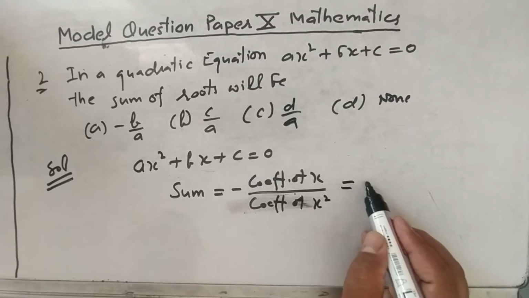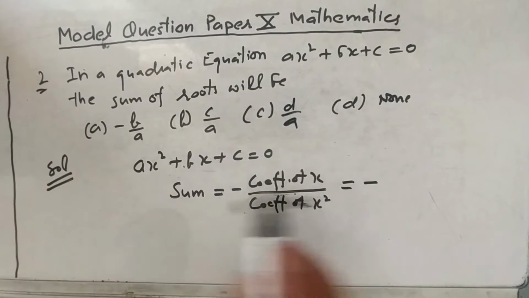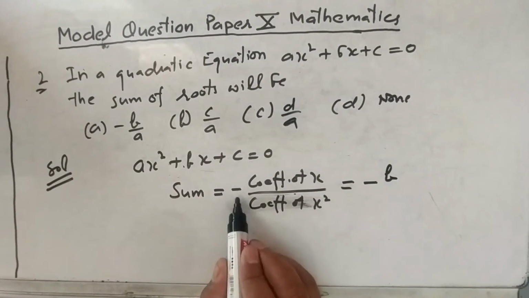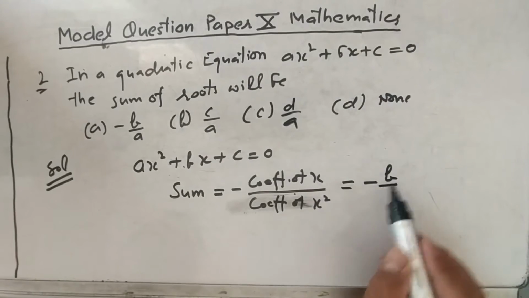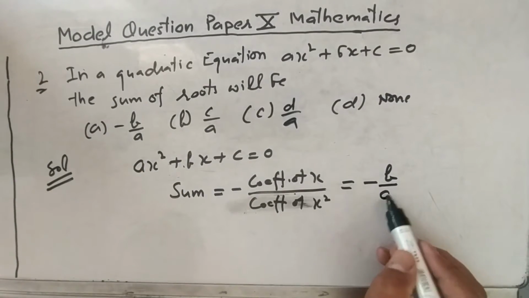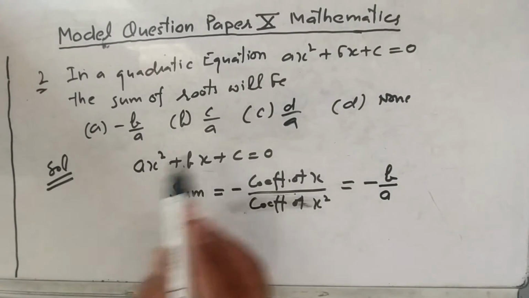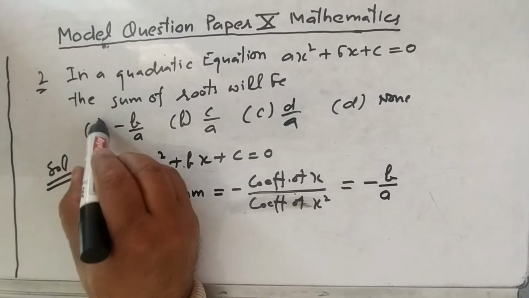So here the coefficient of x is b, the minus sign is here, so this is minus b upon a. So the answer to this part is A.